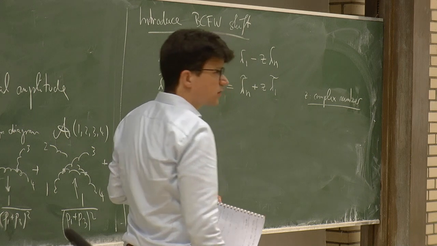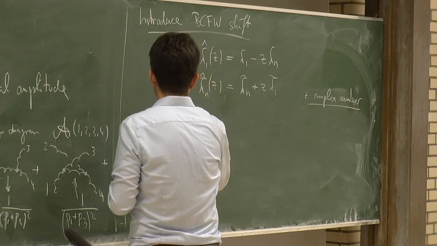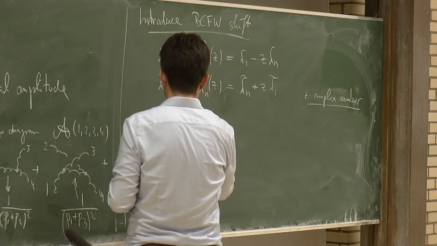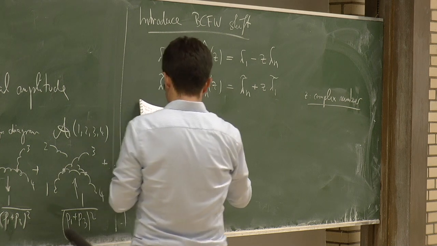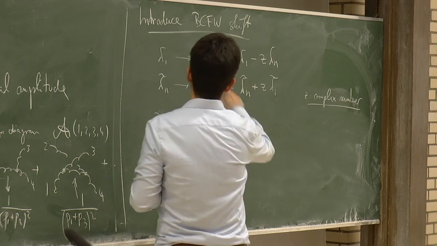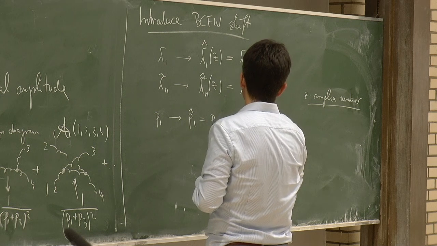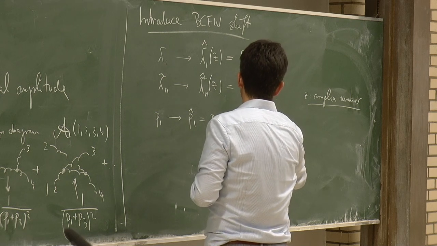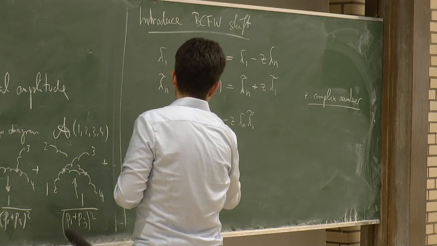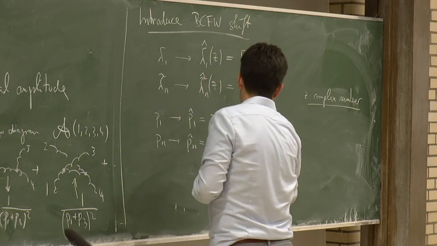Well, this looks a bit strange. Let's see what it actually means in terms of the momenta. If we put together lambda and lambda twiddle, let me just not write the indices, then to P1 it basically adds the piece minus z lambda n lambda twiddle 1, and to Pn it adds the same piece but with a plus sign.